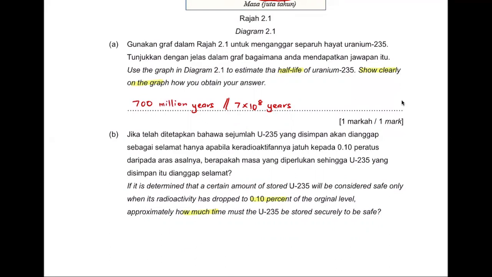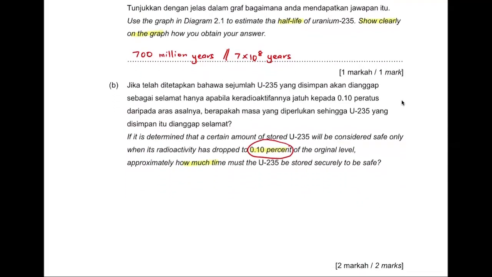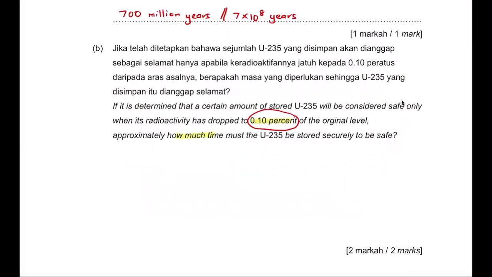So in order for us to get this 0.1%, we have to start from the initial value. The full value of percentage is 100%. So you start from 100% and then you divide by 2, divide by 2, divide by 2 until you get to 0.1%.